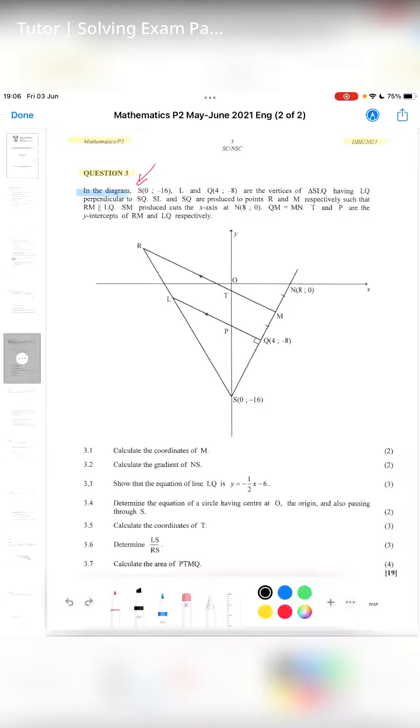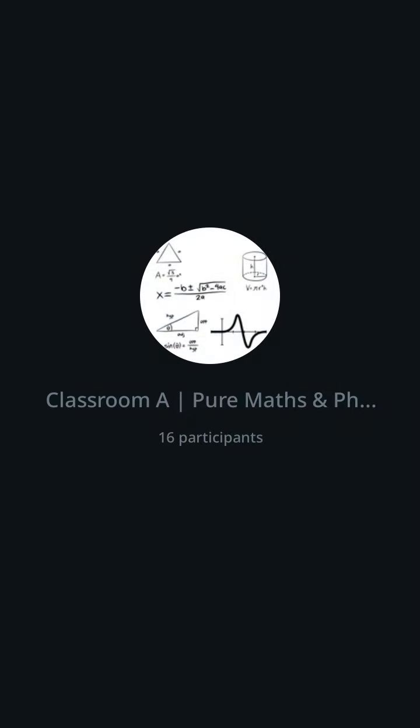So I was busy saying we've got point S with the coordinates where x is 0, y is negative 16, and then L and Q. These are the vertices of triangle SLQ, having LQ perpendicular to SQ.